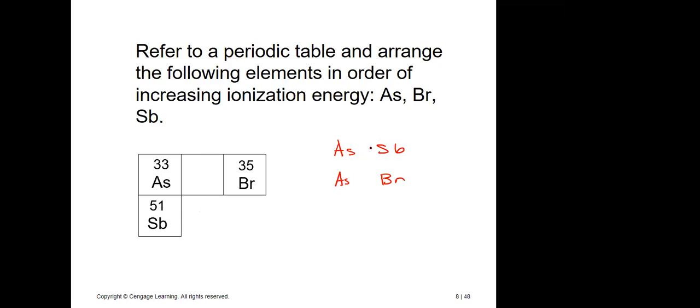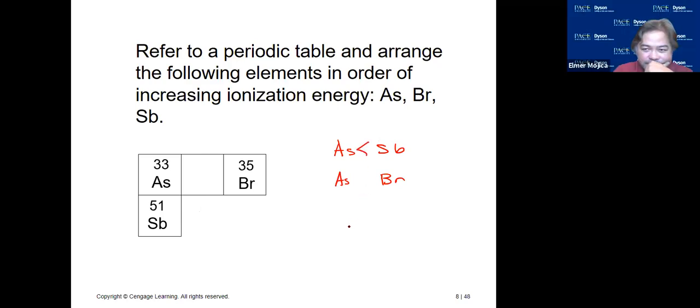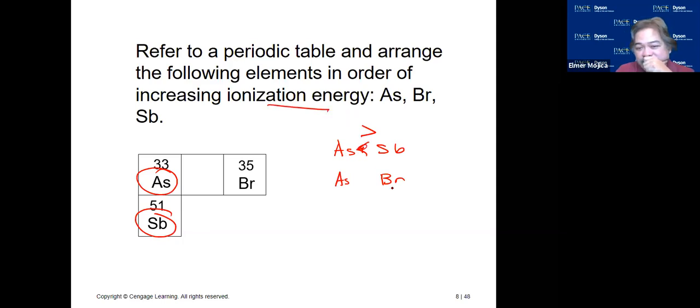Antimony. Try to look at the definition here. Again, this is smaller, or this is bigger than that one in terms of size. So we could say, in terms of ionization energy, arsenic is bigger than that. And this one is smaller than arsenic, then you have it like this. So if we're going to look at this, I think this is the sequence that we have. Make sense?